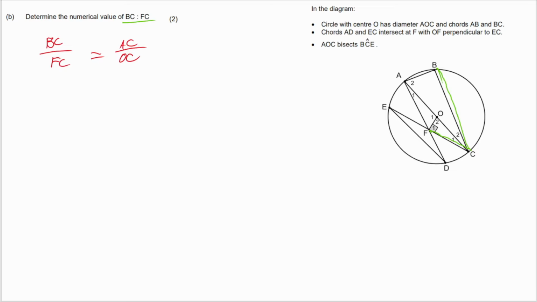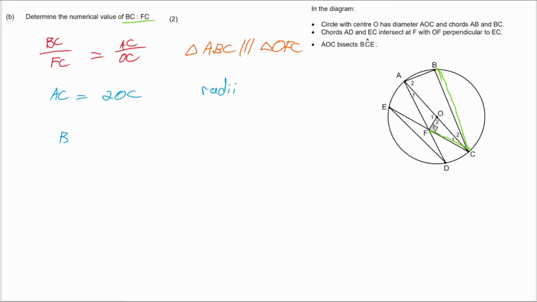How do I know that these sides are in proportion? I got it from triangle ABC being similar to triangle OFC, which we just proved over here. Now AC is equal to 2OC, and the reason is radii.